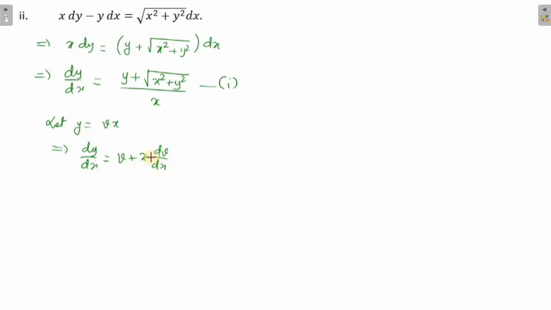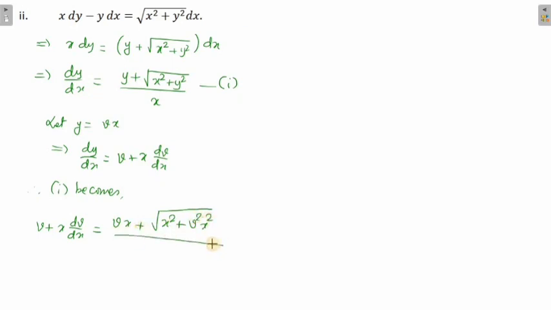So equation 1 becomes v plus x dv by dx is equal to, now y is vx, remember, plus square root of x square plus y square, where y square becomes v square x square, divided by x in the denominator.